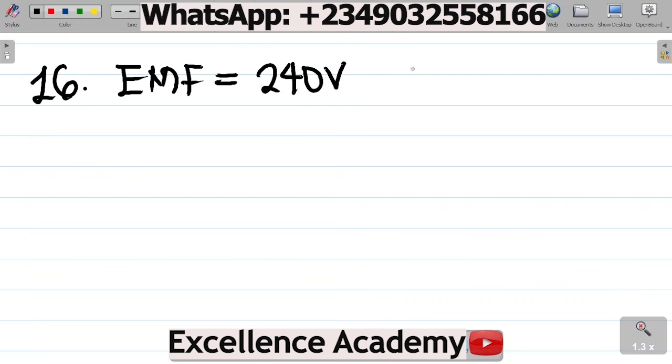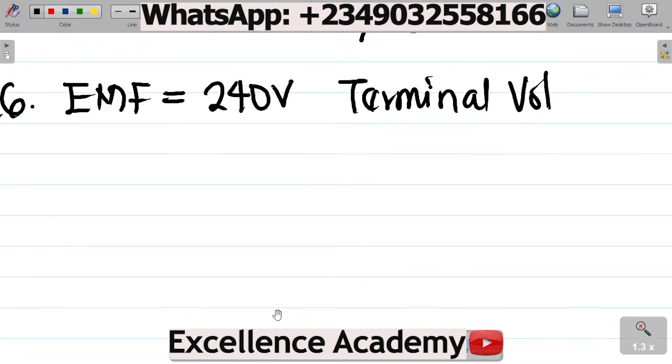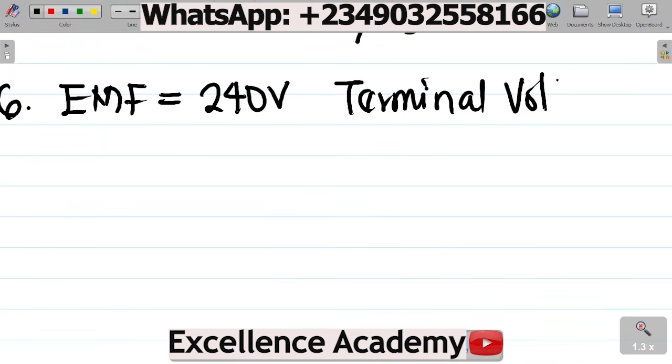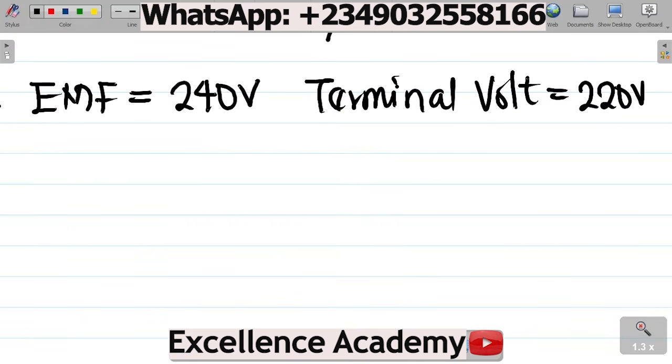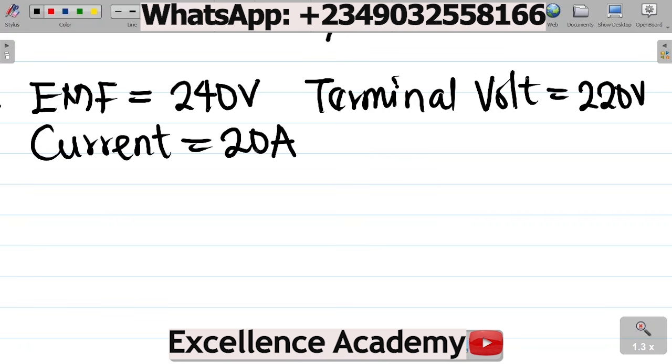Also, we're given the terminal voltage. The value there is 220 volts. Next up, we're given the current in that question. It said a current of 20 amperes. So you have 20 amperes.